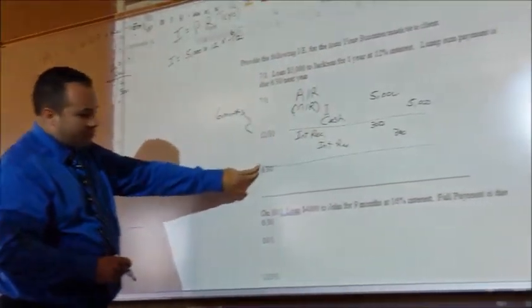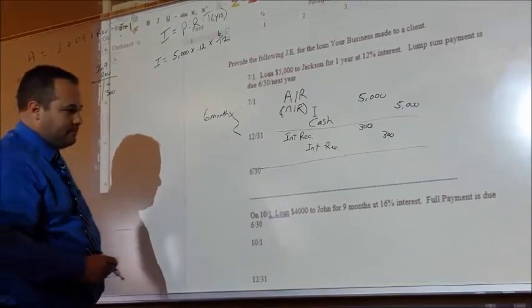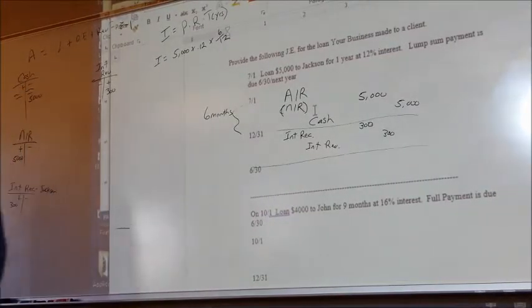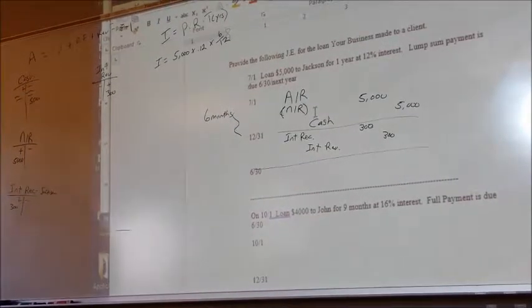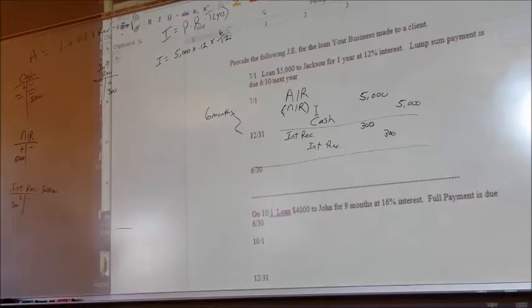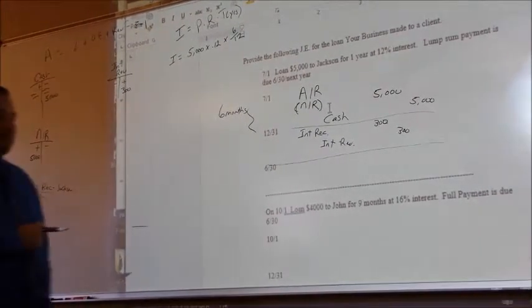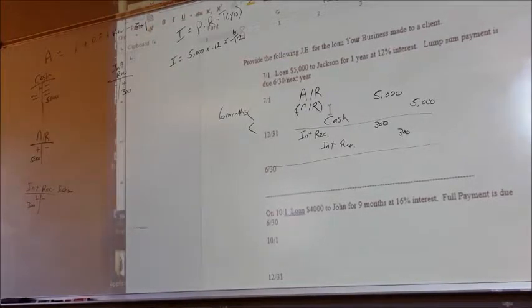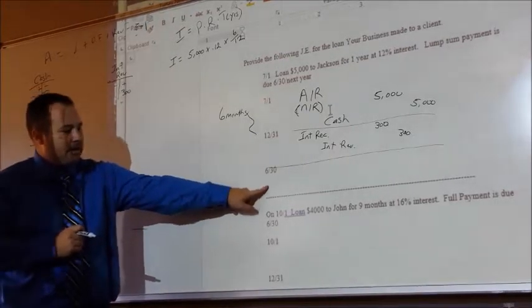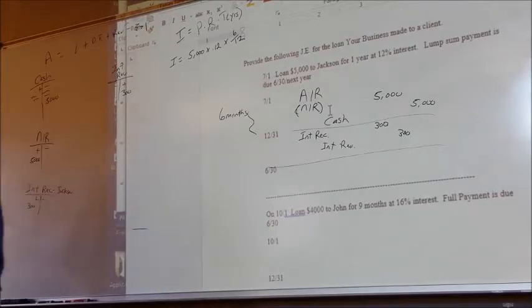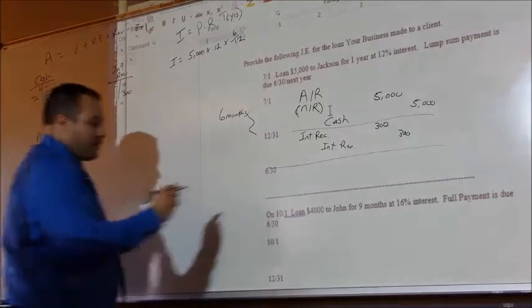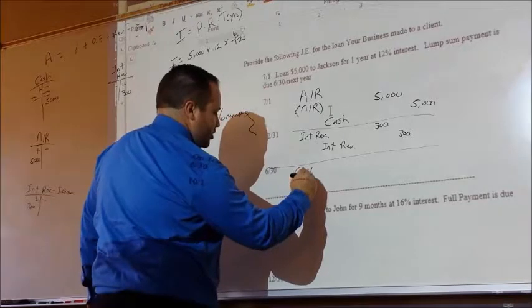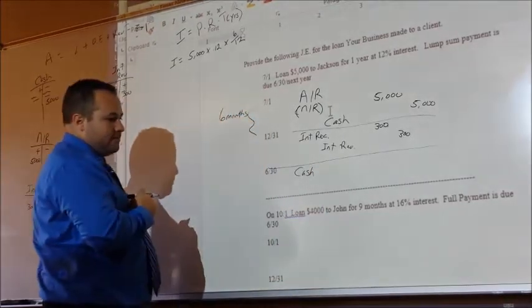Now, we've got another 6 months. That means there's another 6 months of interest that I have earned. How much did the company get on 6/30? Cash, right? How much cash? 5,600.